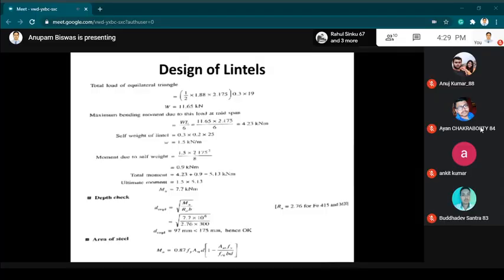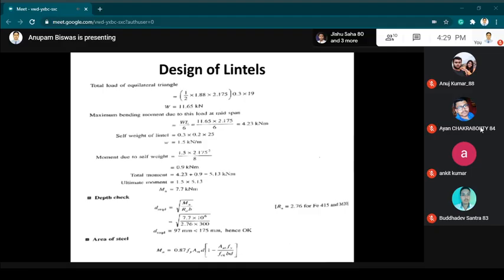Now all the values, the Mu, the factored moment, has been found out, and from here we can proceed as a simple beam, a singly supported beam, designed the usual way. So first we have to check the depth that we have considered. The depth required, we know, is root over of Mu by Ru b.